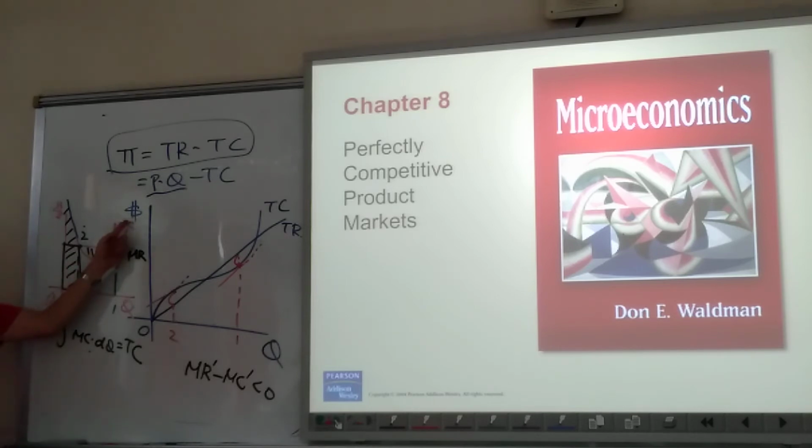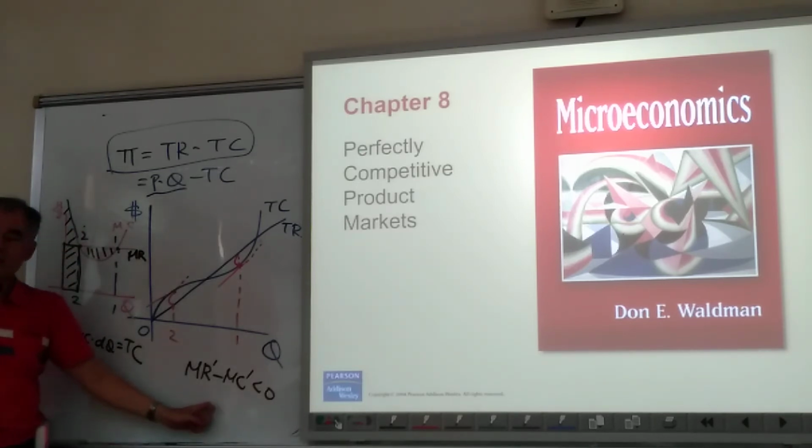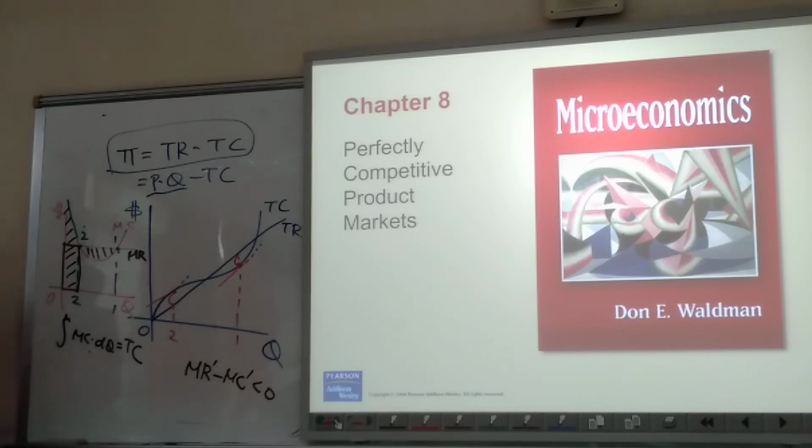So here the marginal cost curve slope is positive, right? And what about here? The slope is 0. If it is at this point, the slope of the marginal cost curve is negative, but the slope of marginal revenue is 0, so it violates this condition. Any questions?